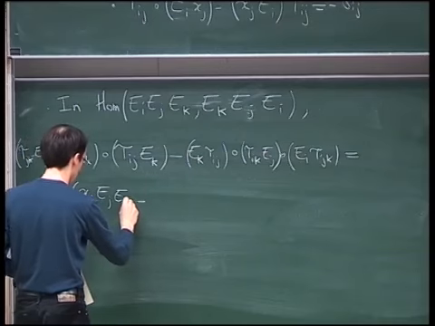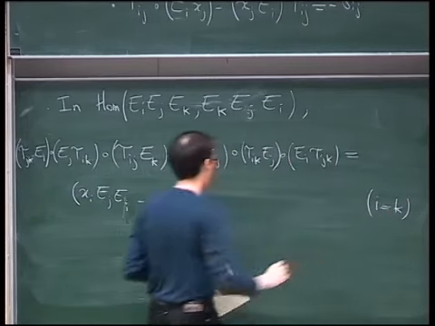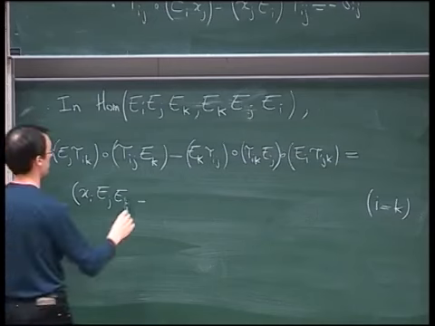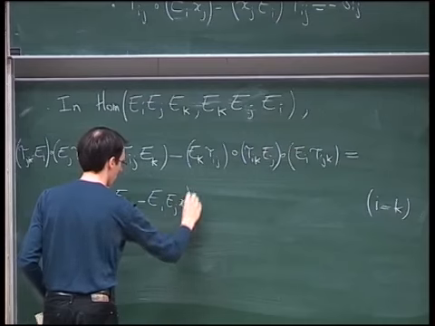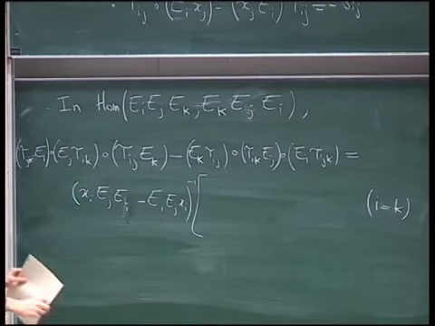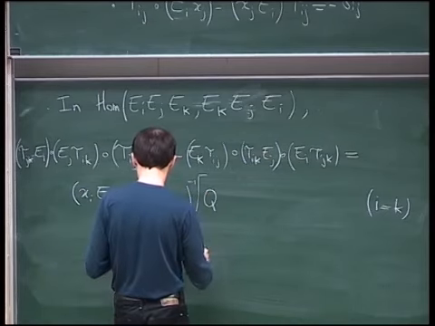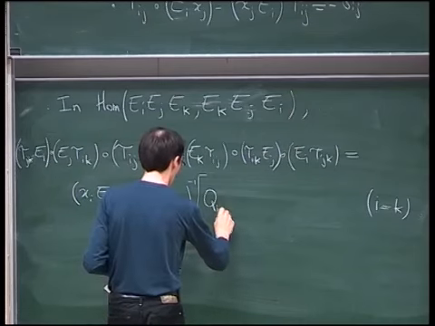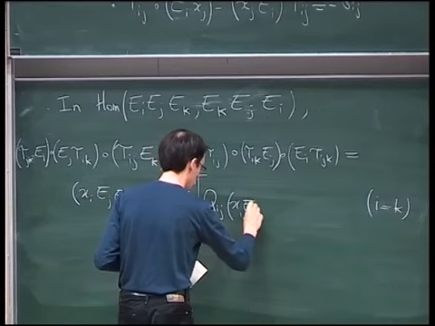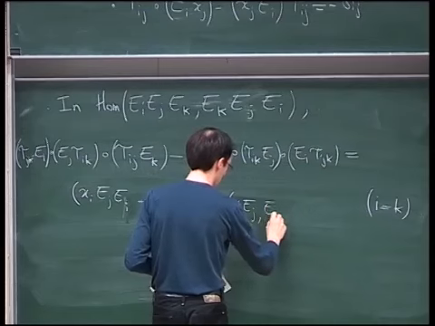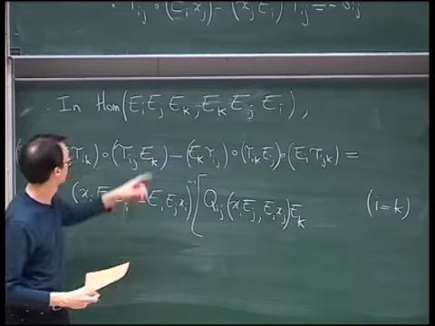Let's say it's the case where i equals k, so I'll write i in place of k there. e_i, e_j, and then we have a polynomial Q_ij of x_i, e_j, e_i, x_j, times e_i.